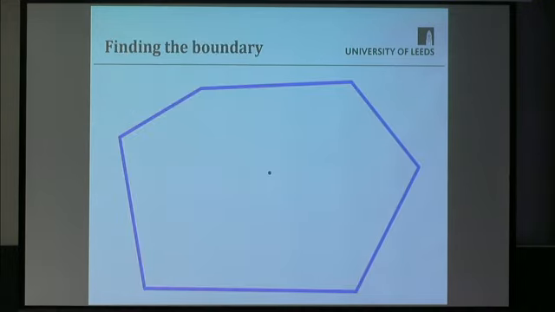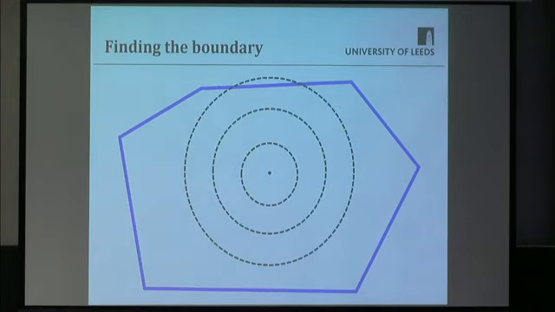So the way that I do it, I'm going to demonstrate obviously in 2D so I can actually visualize what I'm doing, but I'm doing this in a high number of dimensions. I think, well, this is one of my tiles and I want to find the boundary on this tile. So what I do is I look at the center and I center a multivariate normal distribution on that. I give it a multivariate normal with the mean the same as the center, and with covariance matrix the identity matrix.